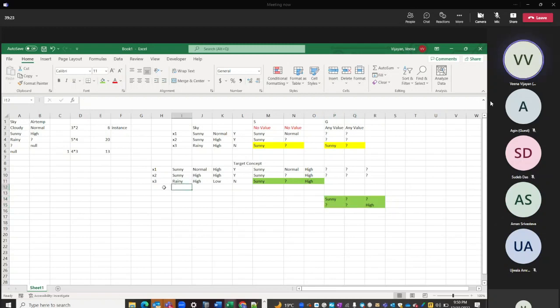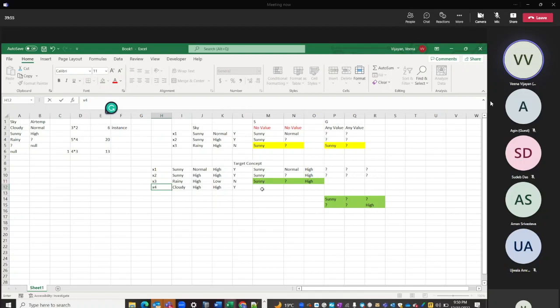You are telling cloudy will come in the first entry? Yeah, cloudy. There is one more option of cloud. Then this will become question mark here, right? In the specific scenario, if we have this cloudy, I'm keeping high. So in this case, when it is a positive case, specific will change.